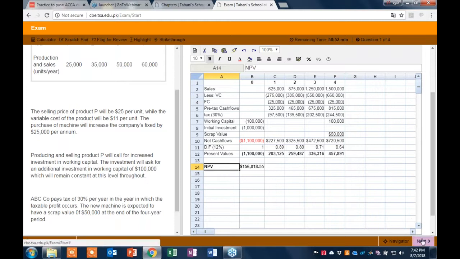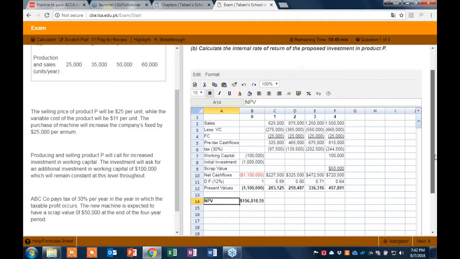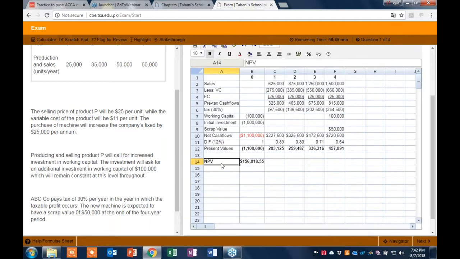Okay, let's move towards the next question. Before we do, let's first calculate the IRR, because the requirement says that we need to calculate IRR as well. We've already got NPV, which is positive at 12% per annum.